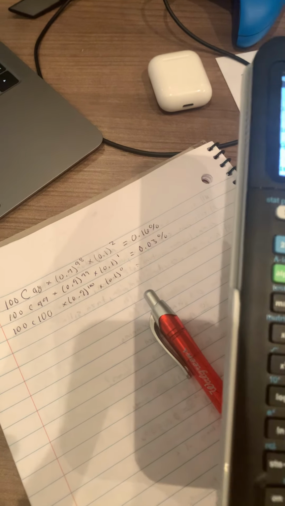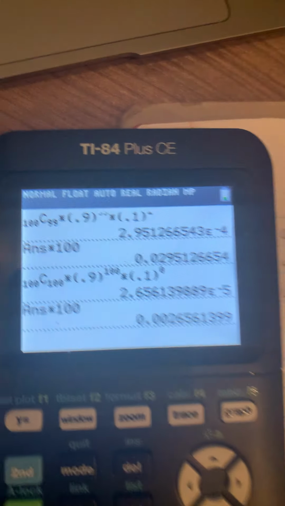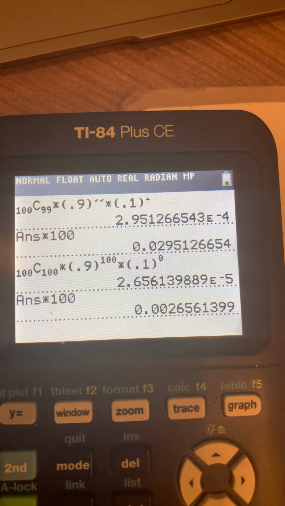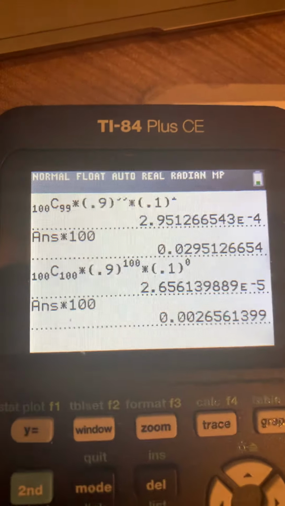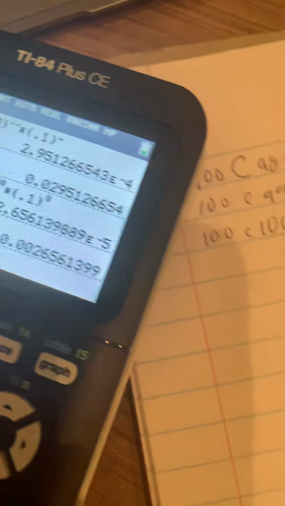And just for visual purposes, I can type in the 0th power, times that by 100, and you get this number right here, 0.0026 or 0.0027, just to round it off with that.